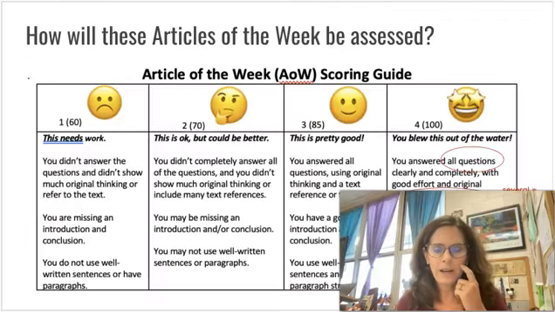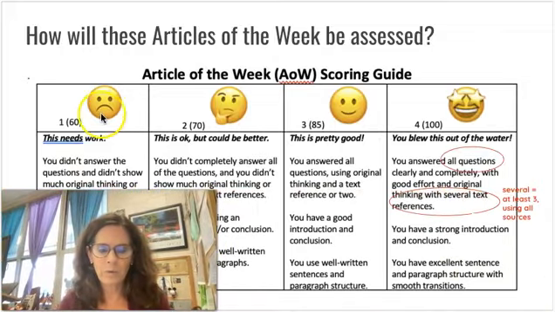This is the rubric that I use to score them. You can see it's a 4-point scale, but I've converted those 4 points for people who don't quite understand our 4-point scales to a 100-point scale. So of course they're aiming for the 4. They want to make sure they're answering all the questions clearly and completely with good effort and original thinking and several text references.